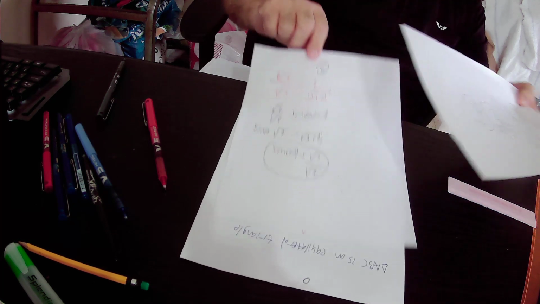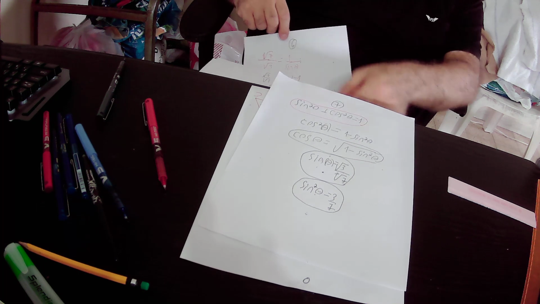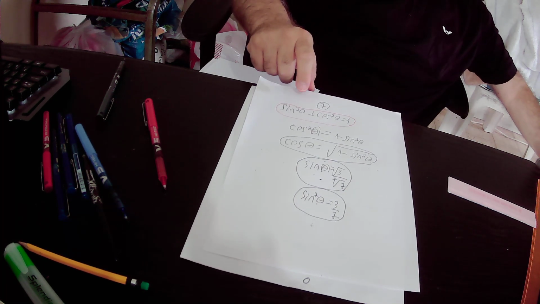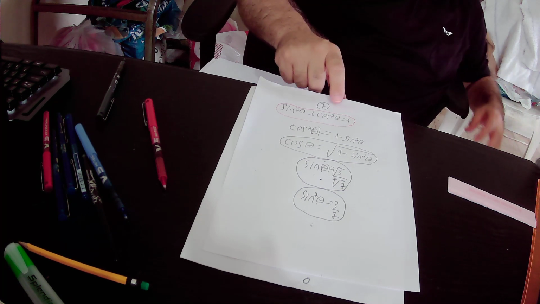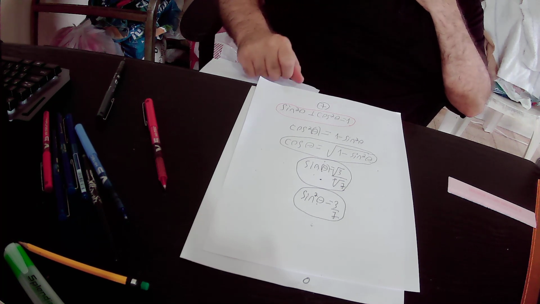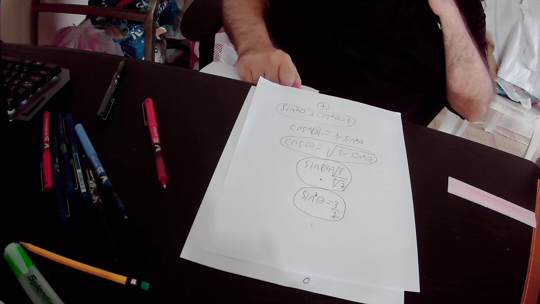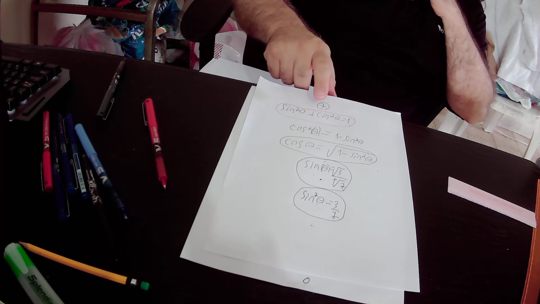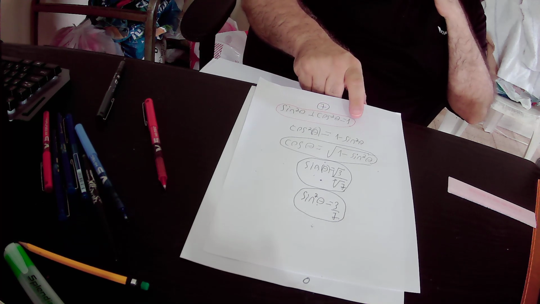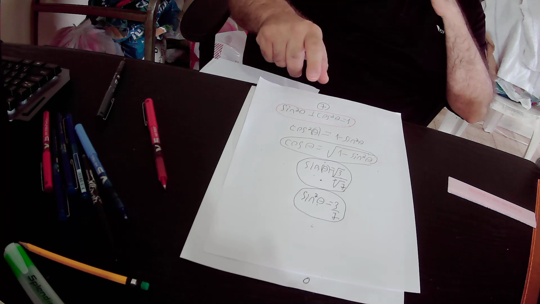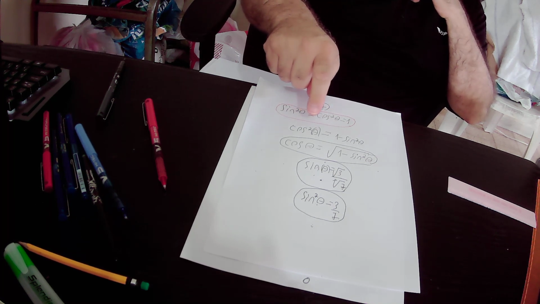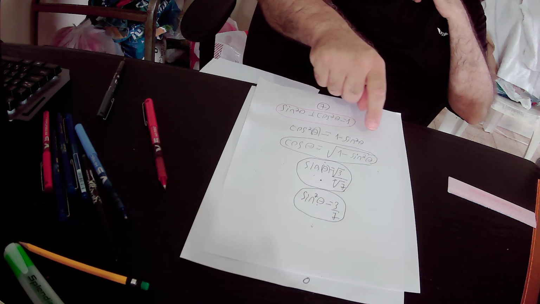According to the first trigonometric identity, sine theta squared plus cosine theta squared equals 1. We subtracted sine theta squared from this equality and got that cosine theta squared equals 1 minus sine theta squared. We took a root of this equality and got that cosine theta equals the root of 1 minus sine theta squared.